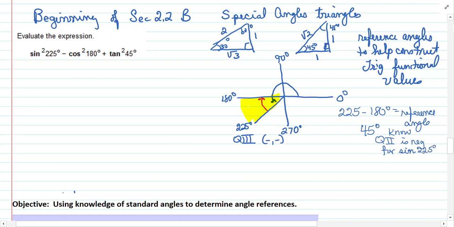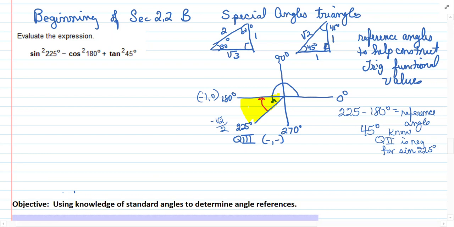All right, so now we can do that, and that's easy now because we know that that is a negative square root of 2 over 2. All right, and the 180 is a quadrantal, and that is negative 1 and 0, and the tan of 45.